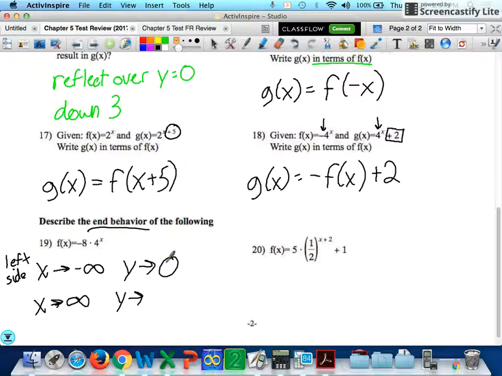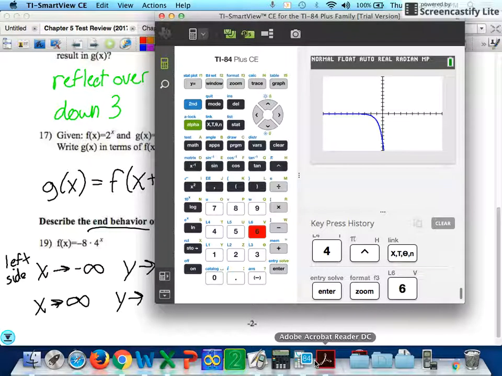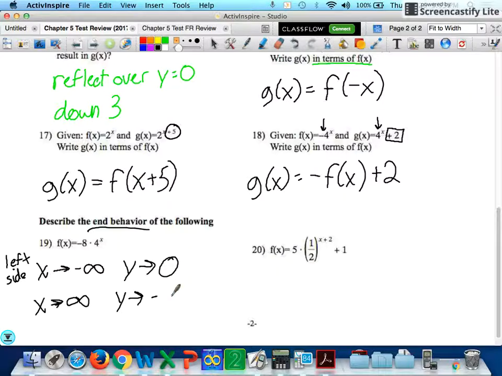It's going to get closer and closer to 0 without ever hitting it. The right side, as we travel to the right on our graph, we see that this is going down, down, down. That's what we're always answering, what is it doing in terms of our y values? Well, this one's going down and it'll never stop going down. So it's going to negative infinity.